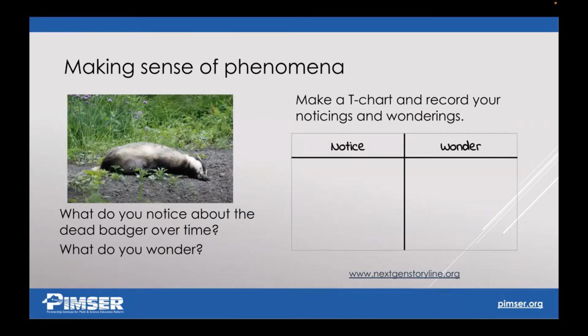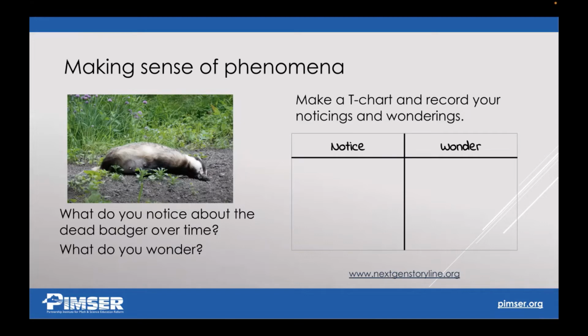NextGen Storyline is a free, open source site that contains a range of units aligned to the Next Generation Science Standards. They have been vetted in classrooms and revised based on teacher feedback and looking at student work. They are all phenomenon driven, and they provide a lot of support material for teachers.